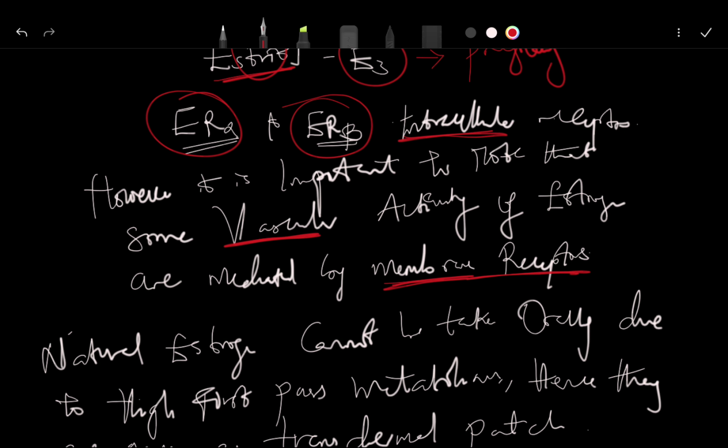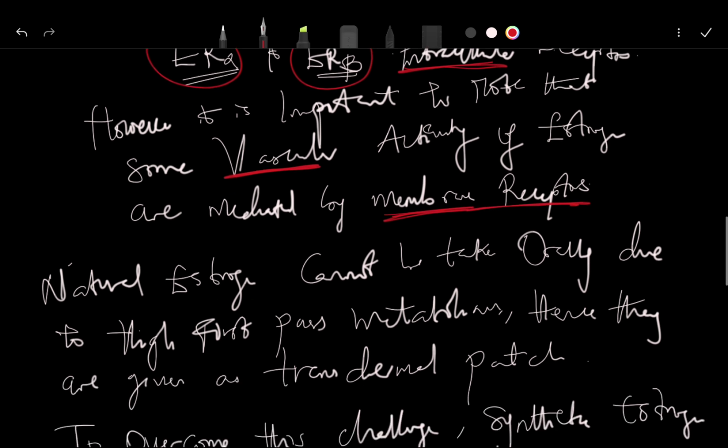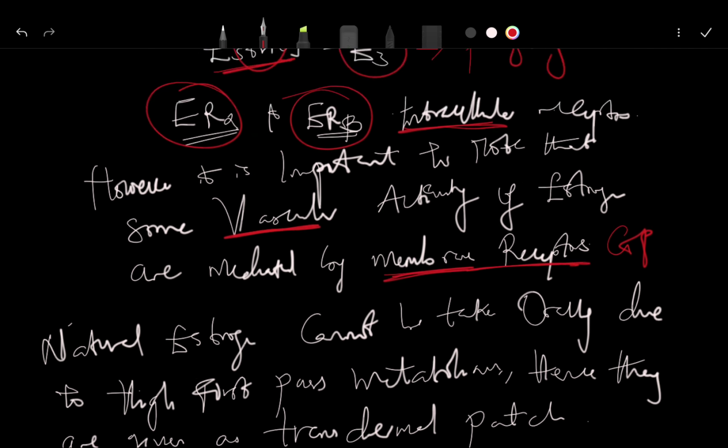For example, producing nitric oxide for vasodilation. You can get such a rapid reaction from such a receptor. Those membrane receptors are G protein coupled receptors. But when you are asked where the estrogen receptor is located, your answer should be intracellularly, in the nucleus. They are not on the membrane. However, there are a few exceptions to that: the vascular action of estrogen requires the receptor to be on the membrane.